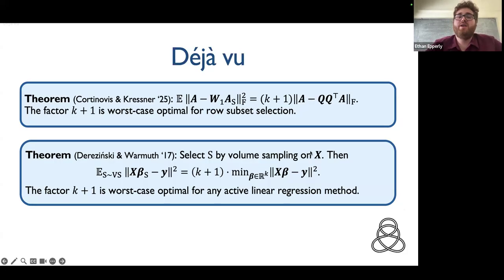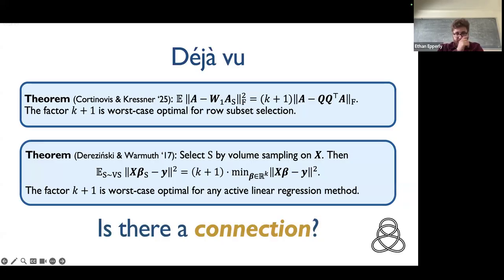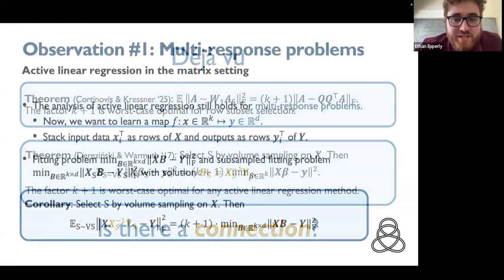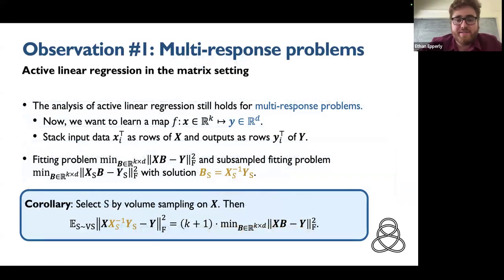And now I have told you another result about active linear regression, where the expected least squares residual of the subsampled solution is again equal to K plus 1 times the optimal least squares residual. It's very natural to ask, is there a connection between these two results? These two results seem almost too perfectly similar for them to be completely unrelated mathematical facts. And as I discovered, yes, there is actually a connection between these two facts.